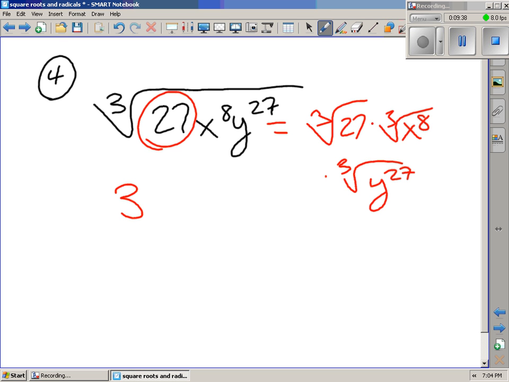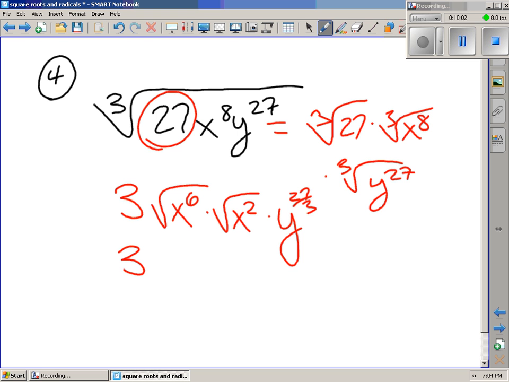And x to the 8th, well, the power 8 is not a multiple of 3. So let's back it up. 7, that's not a multiple of 3. 6, that is a multiple of 3. So what I'm going to do is I'm going to break this up into x to the 6th multiplied by x squared. Y to the 27th, well, 27 is a multiple of 3, so we have 27 divided by 3. I can just take care of that right away.